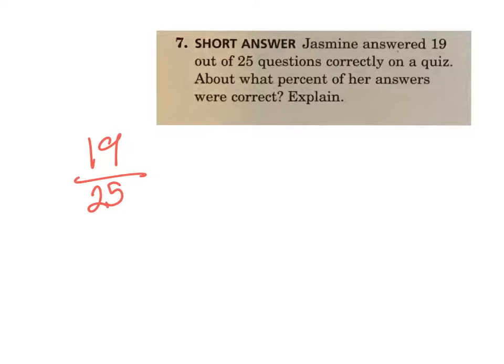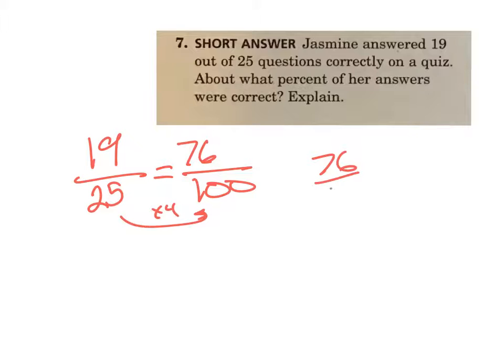I see that at 25, I want to get it out of 100. So I could go like this, get that to 100. That's times 4. And then 19 times 4 equals 76. So I could go there, and it's 76 over 100, which is also 0.76, which if I take it over 2, gets me 76%.